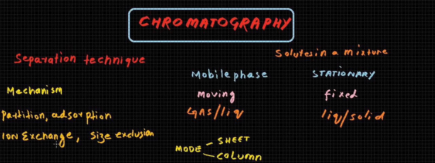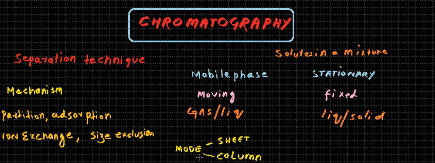It may be carried out by ion exchange, where cations and anions are exchanged by respective ion exchangers like cation exchanger or anion exchanger, or it may be on the basis of size. Based upon their size, smaller size or larger size molecules are separated.